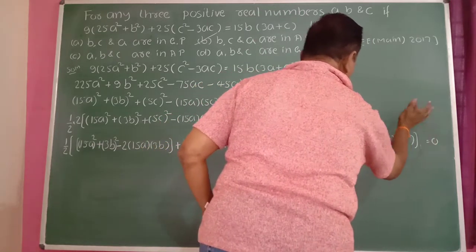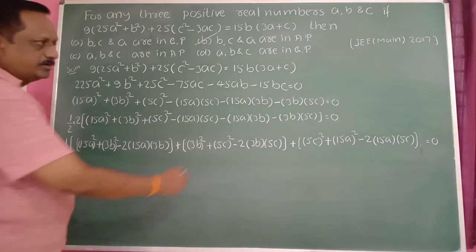Then take this 2 to the right hand side, 2 into 0 becomes 0.